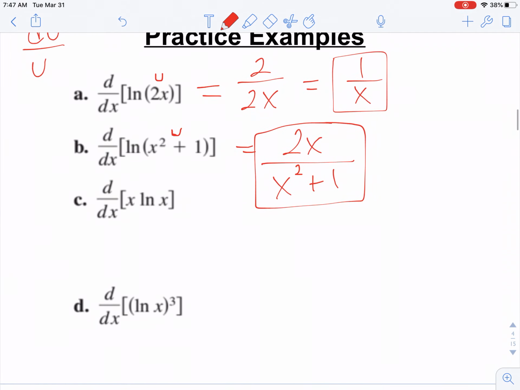Okay, now for parts C and D. These are a little tougher. I'll put little stars next to them because you need to utilize some rules we learned way earlier in the year. Remember the product rule? And remember the chain rule? Back from chapter 3, when we first learned derivatives, the product rule.